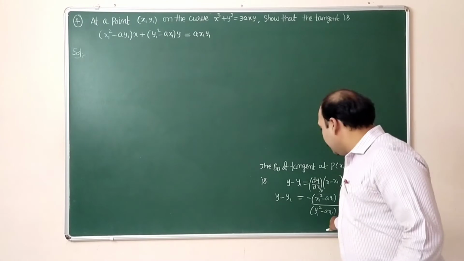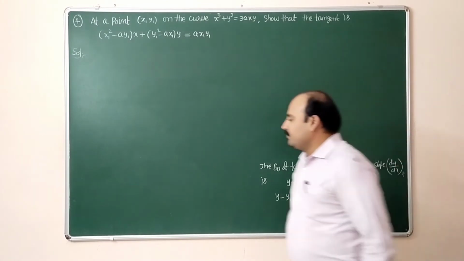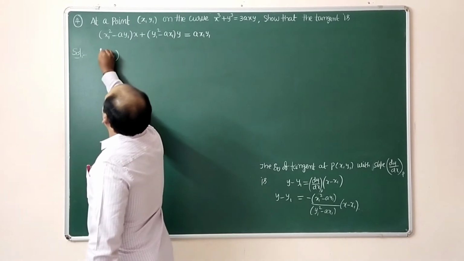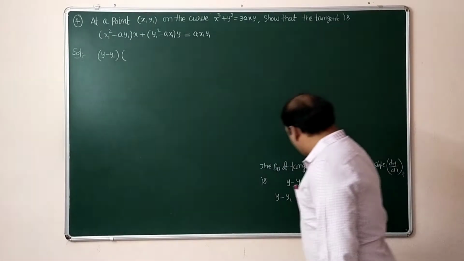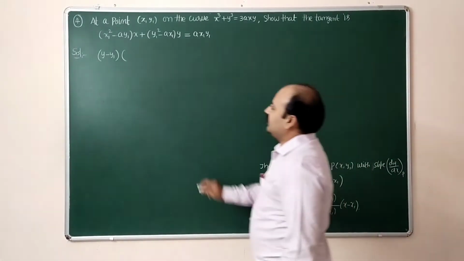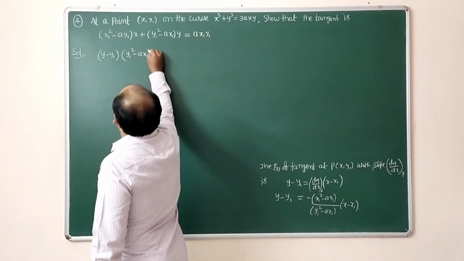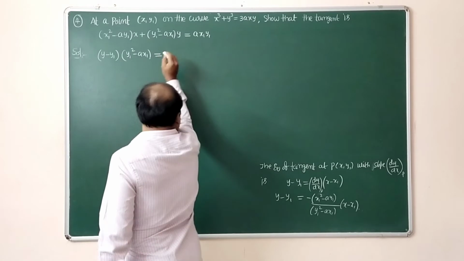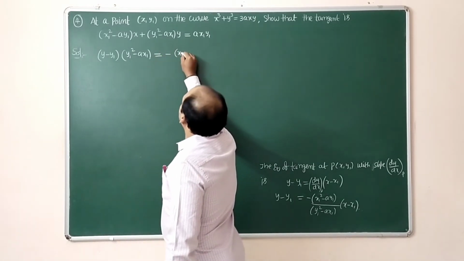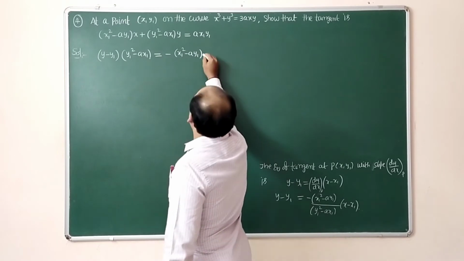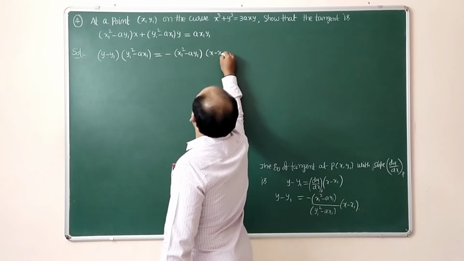Now from here continue, just cross multiply. (y minus y1) into (y1 square minus ax1) is equal to minus (x1 square minus ay1) into (x minus x1).